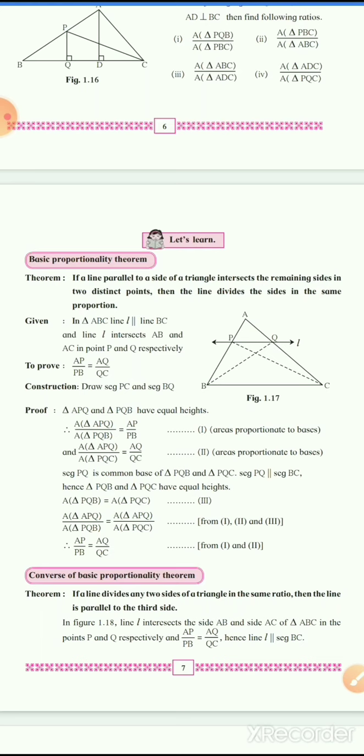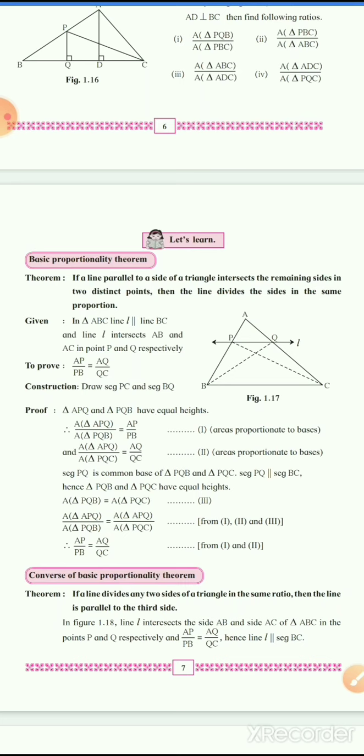Okay, so from 1, 2 and 3, area of triangle APQ upon area of triangle PQB is equal to area of triangle APQ upon area of triangle PQC. So here we can easily see that the left hand side of statement 1 and the left hand side of statement 2 are equal.